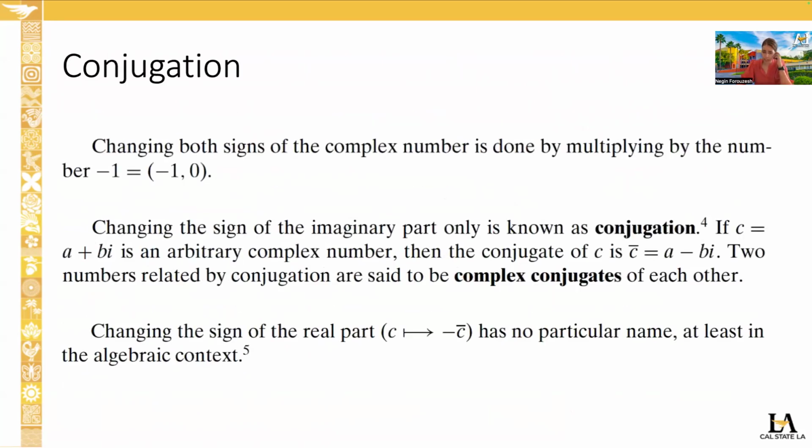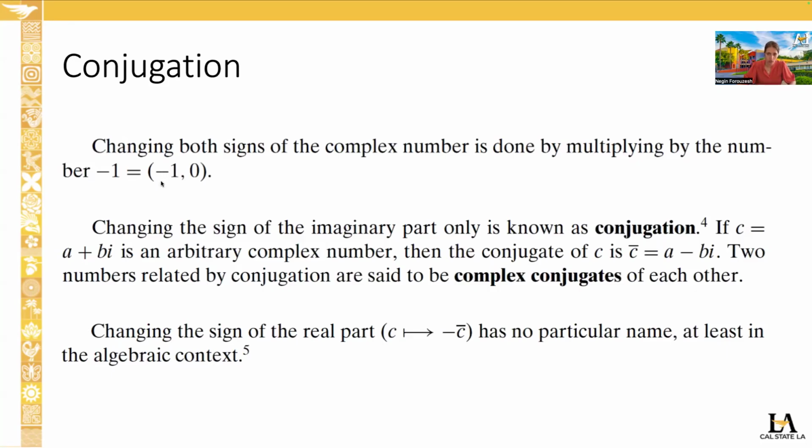Okay, another thing that I introduced is changing the signs of a complex number. When you have a complex number, again, we are dealing with an ordered pair, right? We have these two parts. So when I say we want to change the sign of that number, you may ask, which part?